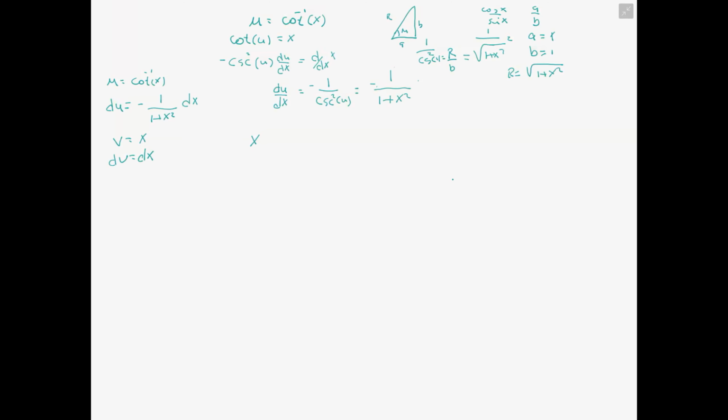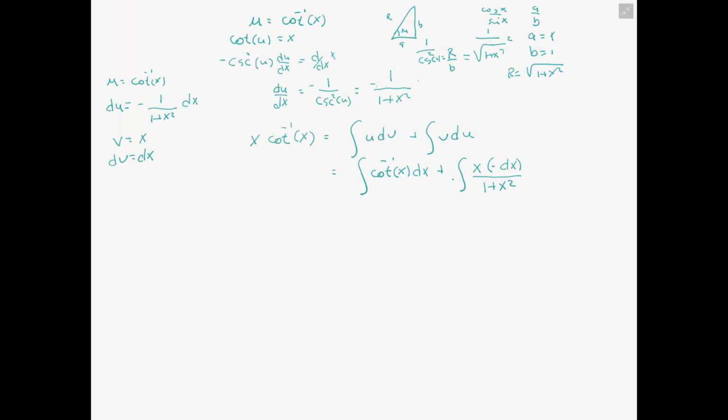So uv is x arc cotangent of x equals u dv plus v du, and that is u dv, arc cotangent x dx, plus, now v du, and du is minus dx on 1 plus x squared.